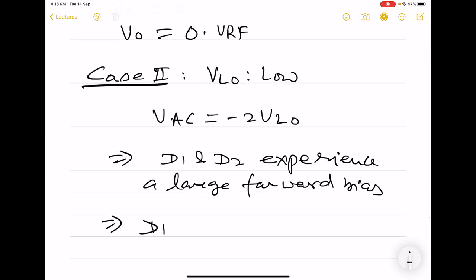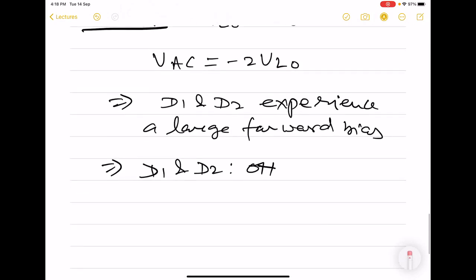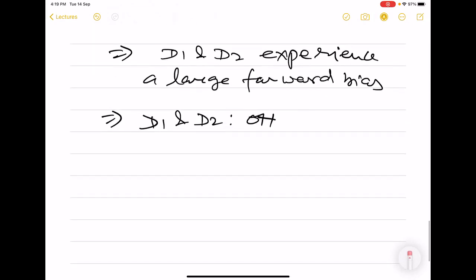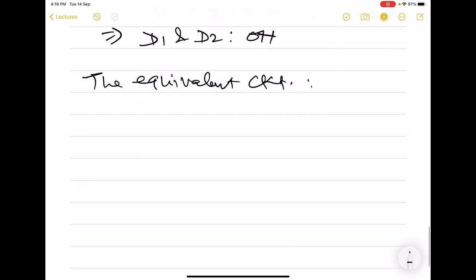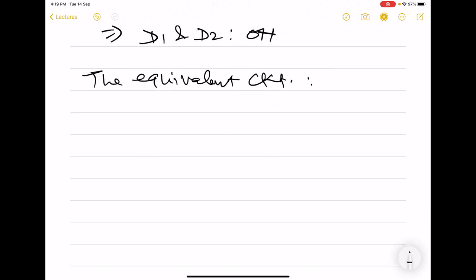So this is D1 and D2, they are going to be on. So for this case, the equivalent circuit has both D1 and D2 as closed switches.